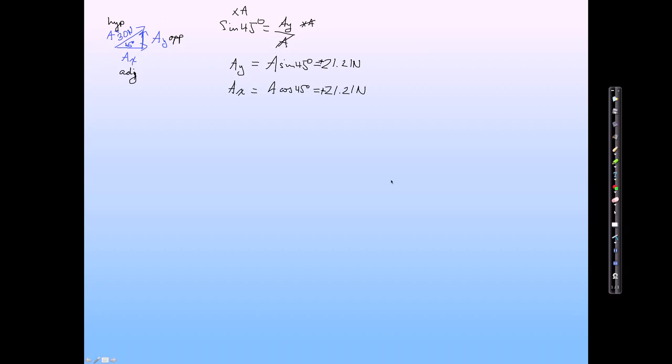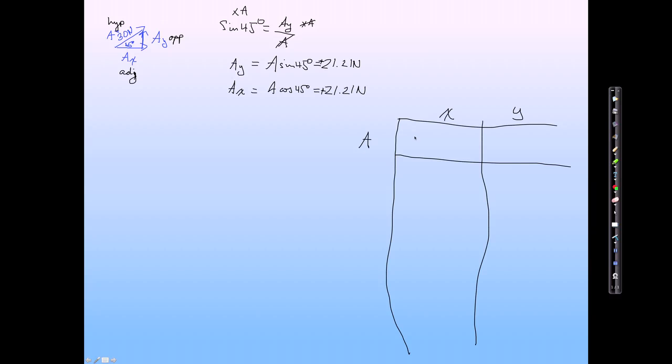Let's make it over on this side. So we have x and y, and for the vector A, the x component will be 21.21 newtons, and the y component will also be positive 21.21 newtons.